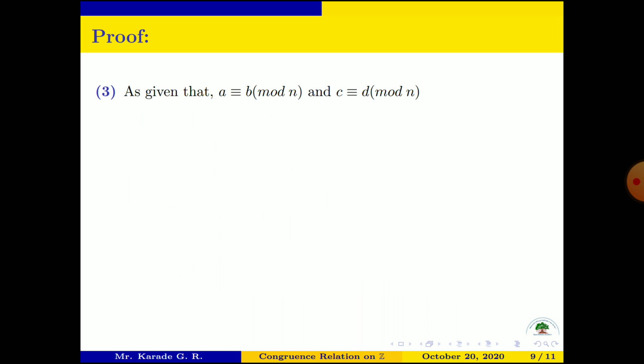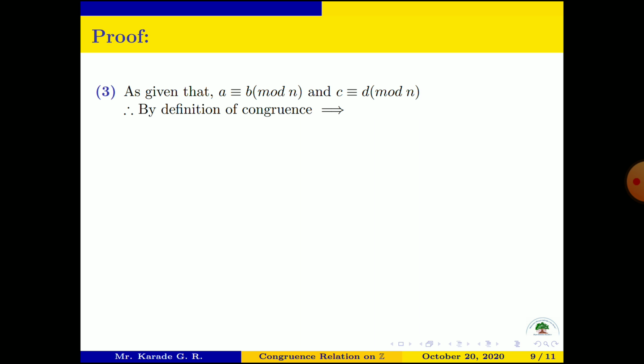Now consider the third statement. It says that if a is congruent to b mod n and c is congruent to d mod n, then ac is congruent to bd mod n. That we have to prove here. We will prove this statement step by step.